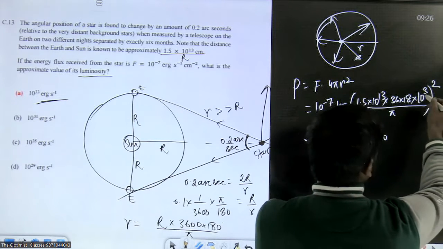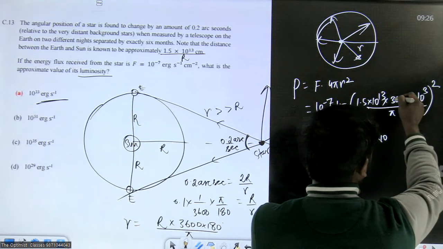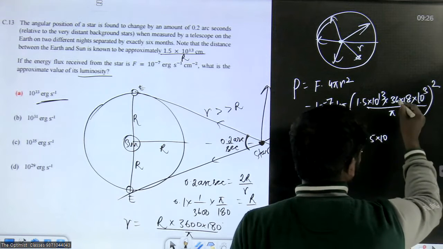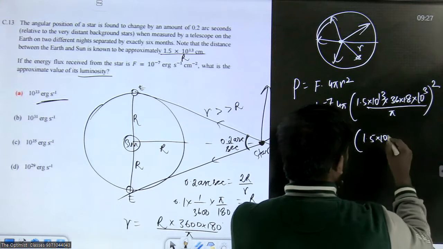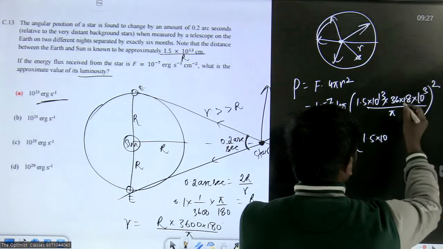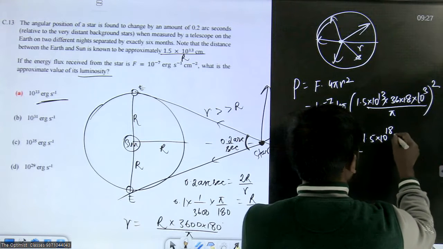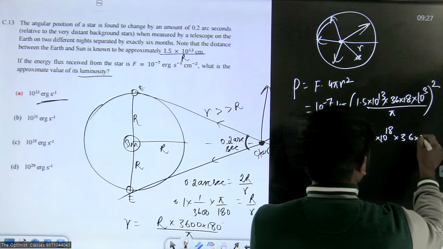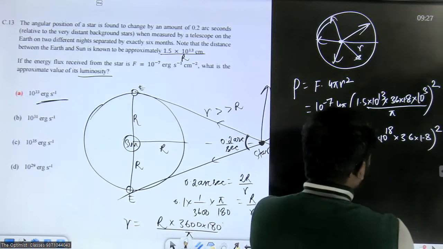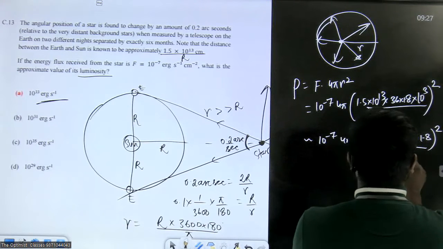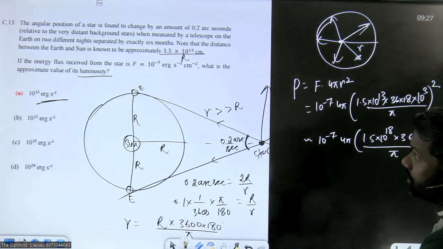We already have 16 power here, so we can put a decimal here, and a decimal here. So power will increase by 2, so we have 16 plus 2, 18. So 18, and here we get 3.6 and 1.8 whole square. Now divide by pi.